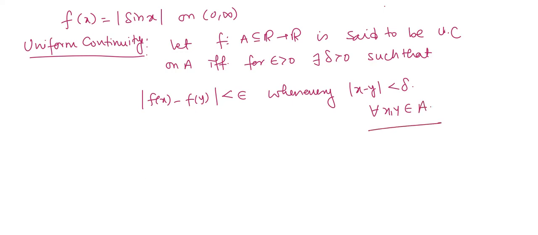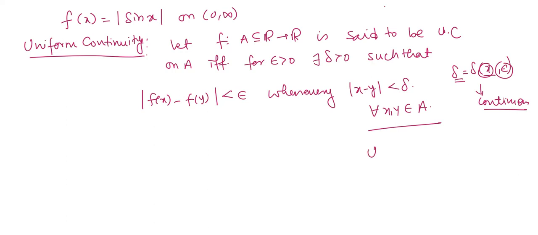So you can observe the difference between continuity and uniform continuity. Continuity depends on the point, meaning delta is a function of the point x and epsilon. When we talk about continuity, a function f is said to be continuous at x, then delta must depend on x and also on epsilon.